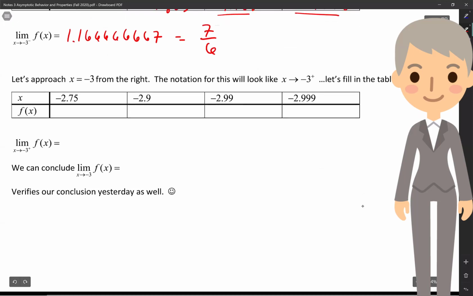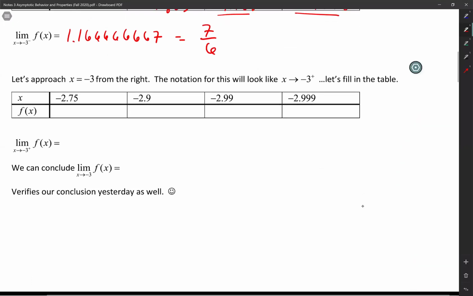All right, what were the numbers at -2.75? 1.1304. And at -2.9? 1.1525. And then -2.99 is 1.1653.